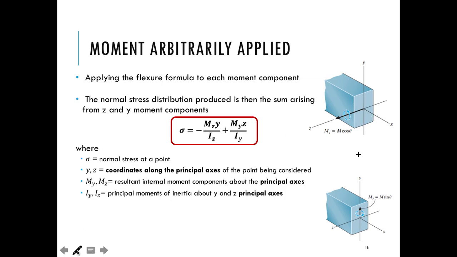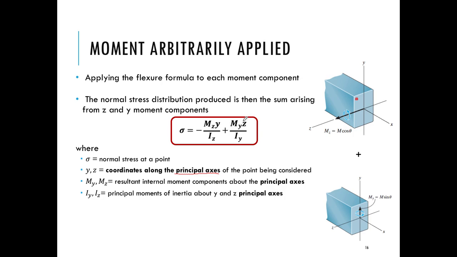Any point in the cross section जो कि किसी coordinates के साथ होगा. Let's say I'm considering the stresses right here. Then this takes the coordinates of y comma z, noting that these are the coordinates along the principal axis. This is important कि मेरे y और z axis principal axis के along ही align हैं.